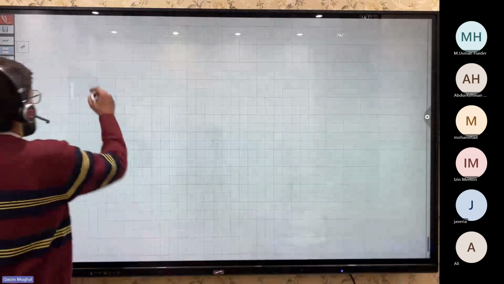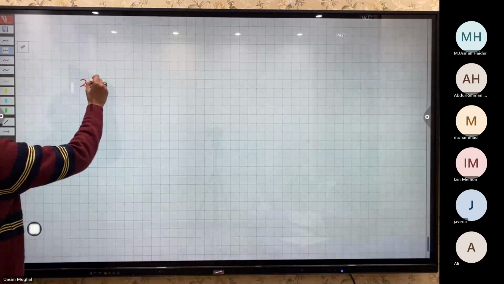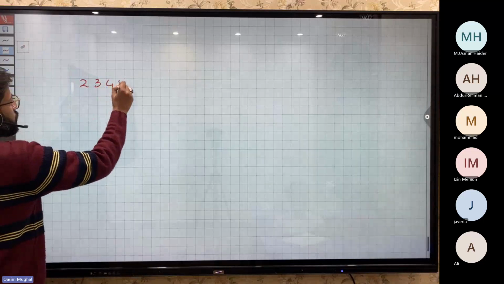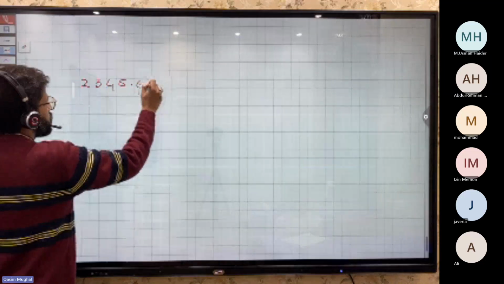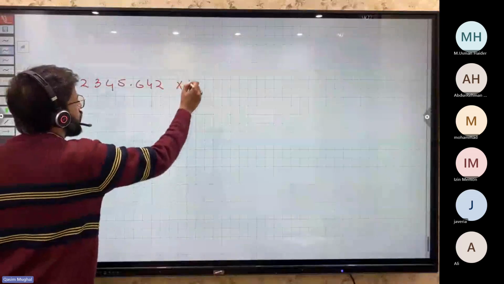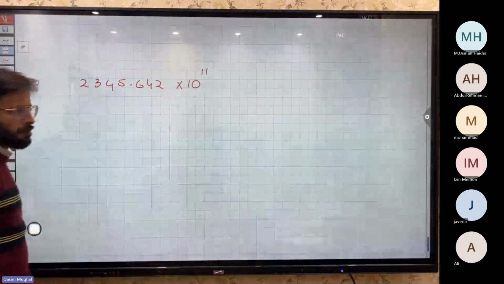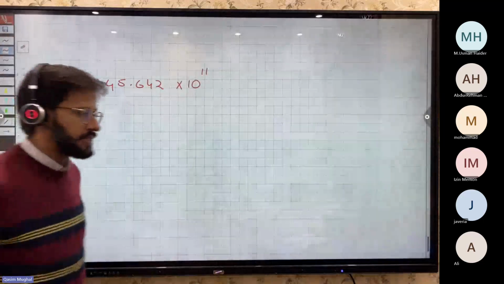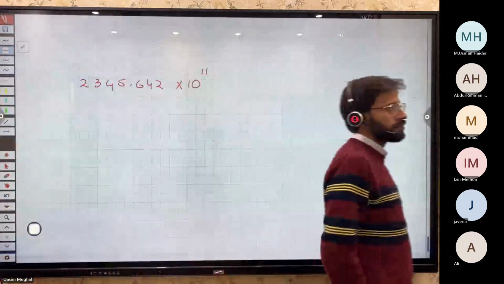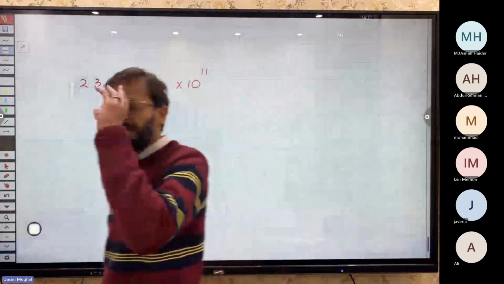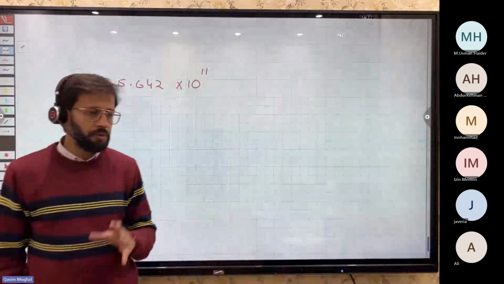Next, for example, 2345.642 into 10 raised to power 11. This is a number. Is this in standard form? Okay, recall the definition of standard form, how the standard form actually looks.